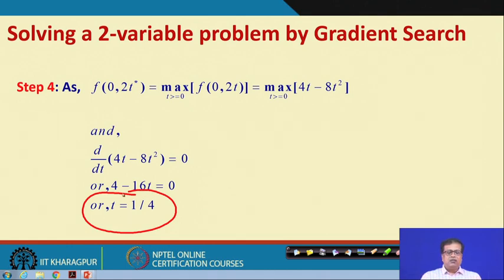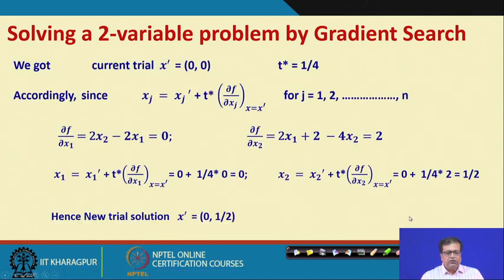How much is 2t? t star comes out to be 1 by 4. So, we got current trial (0, 0) and t star equal to 1 by 4.